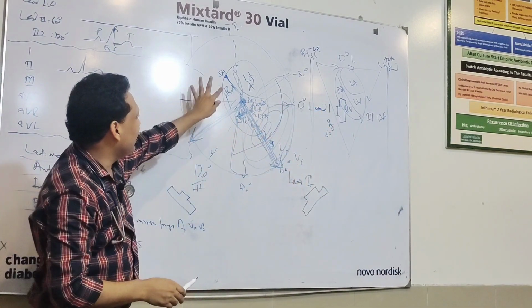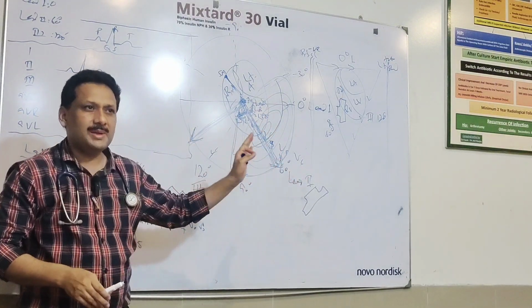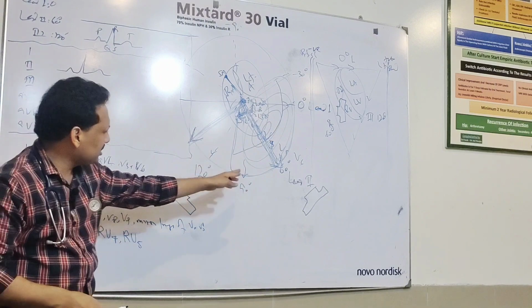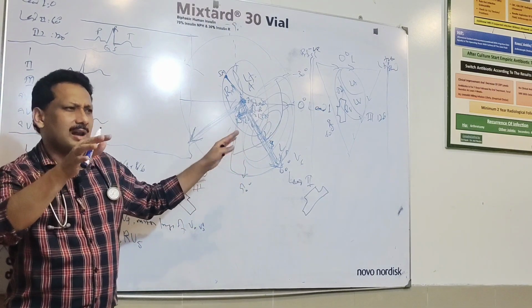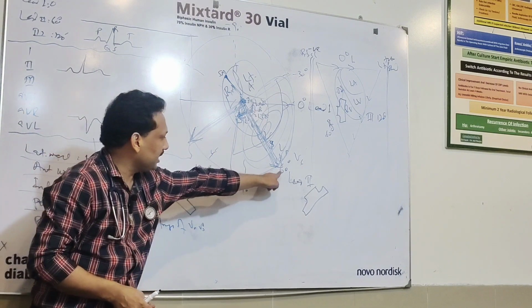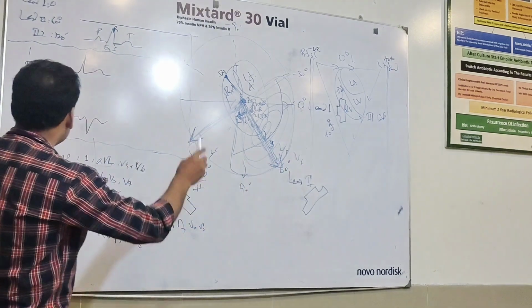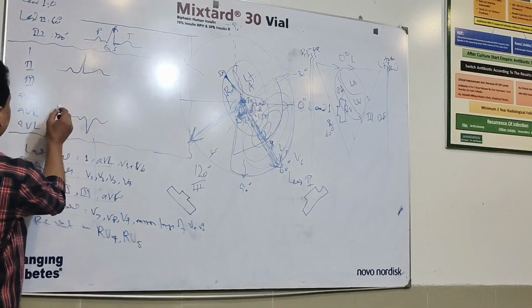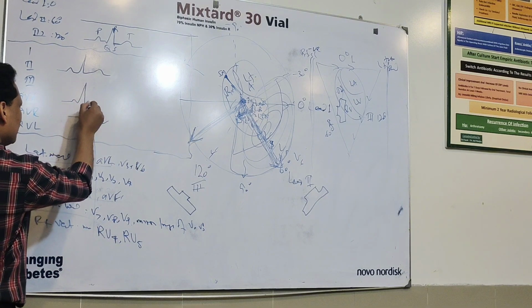Now tell me the name of another lead which is very near to this normal cardiac axis lead. That lead would be almost giving the same picture. This is at 60 degrees, this is 90 degrees. Nearest to this lead, the deflections are almost similar in AVF. So you will also see the AVF picture almost the same way.